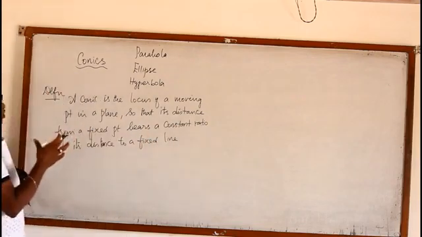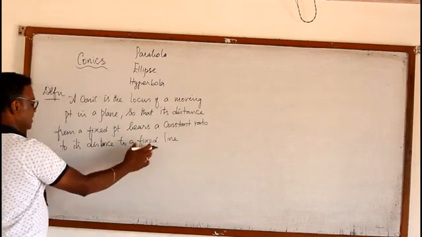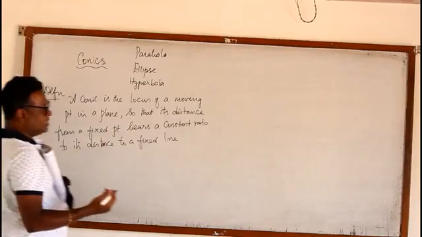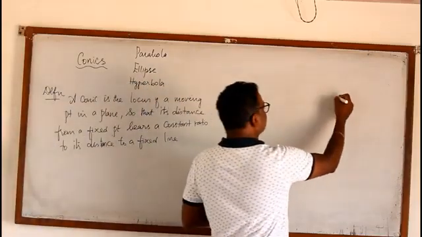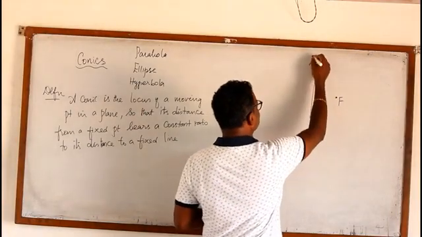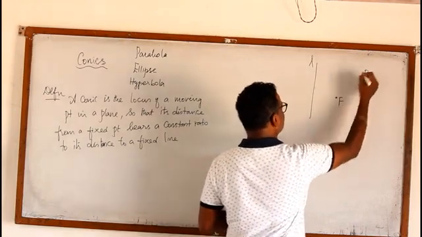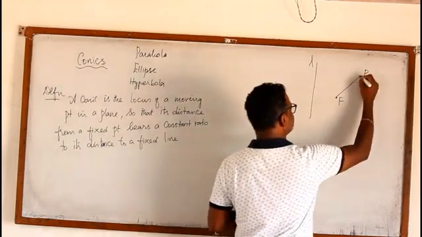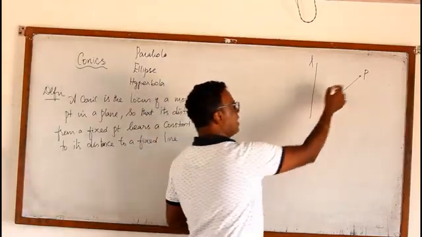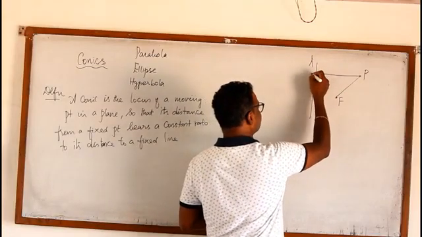So the distance between the moving point and the fixed point, divided by the distance between the moving point and the fixed line, gives a constant ratio. For example, suppose I have a fixed point F, a fixed line L, and a moving point P. This is the distance between the moving point and the fixed point, and this is the distance between the moving point and the fixed line.